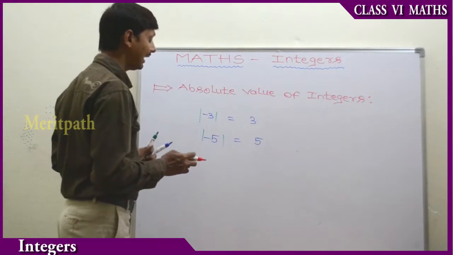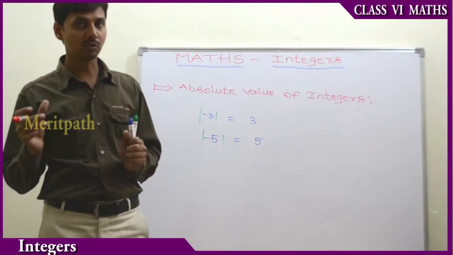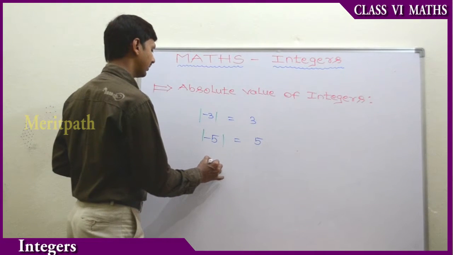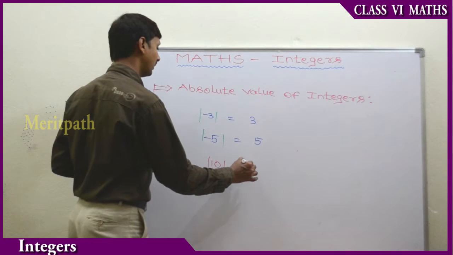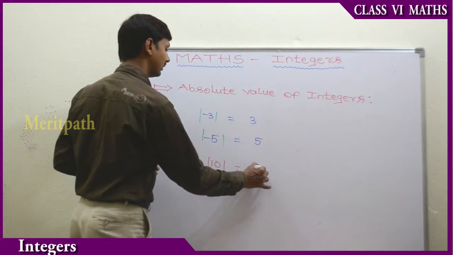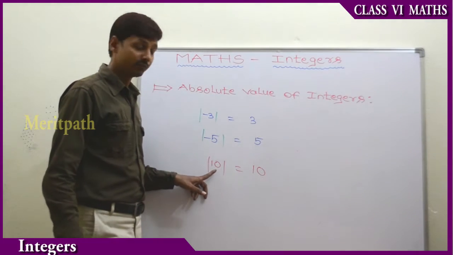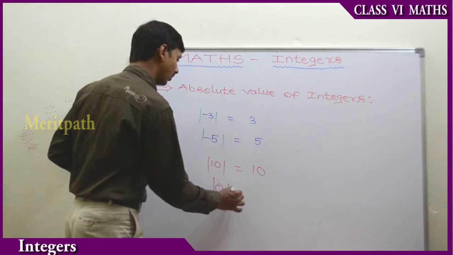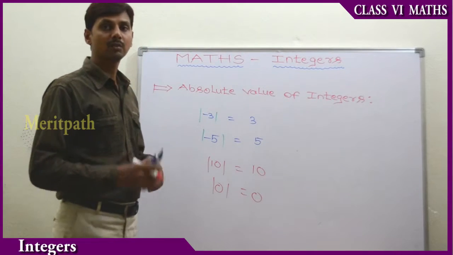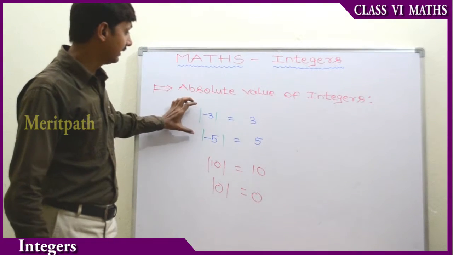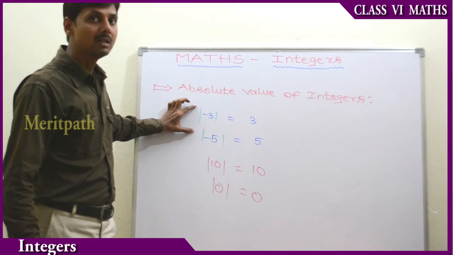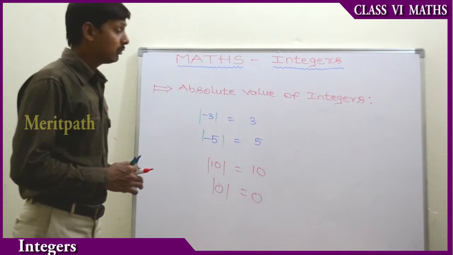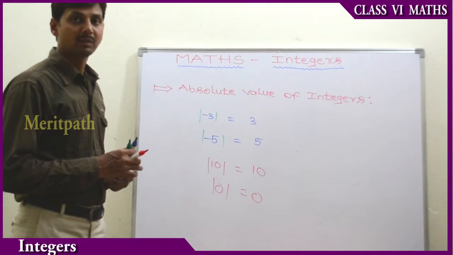If we take the absolute value of a positive number, the value is always positive. That's the reason the absolute value of 10 is only 10 and the absolute value of 0 is also 0. So what we discussed here is that absolute value is nothing but the numerical value of a number. The absolute value of any negative number will become positive.